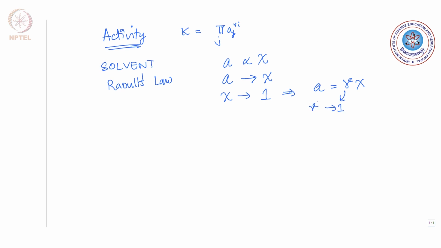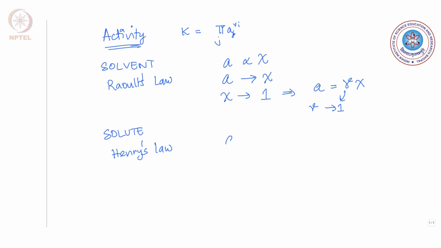That is, for a pure solvent, the activity coefficient is assumed to be 1. On the other hand, for solutes, this is determined from Henry's law. Henry's law helps you understand how much solute gets dissolved in a solvent, and we know that Henry's law is obeyed when the concentration of solute is low.